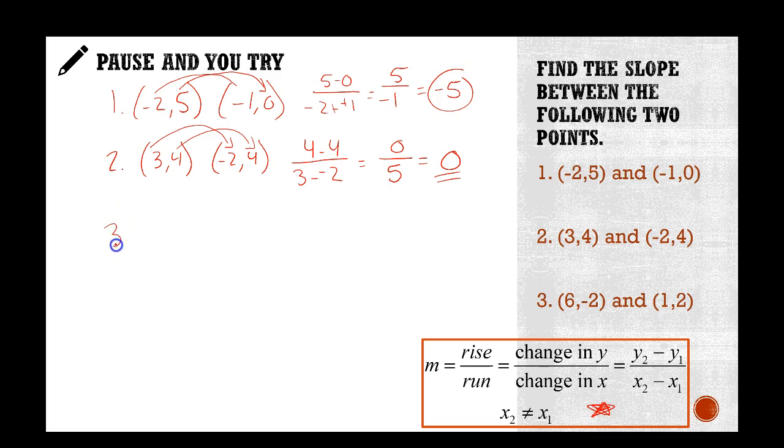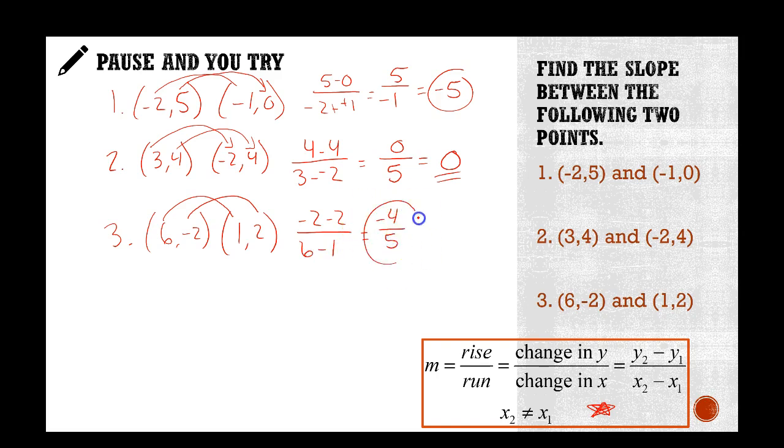And the last one, negative 2 minus 2, and 6 minus 1. That'd be negative 4 over 5. Very good.